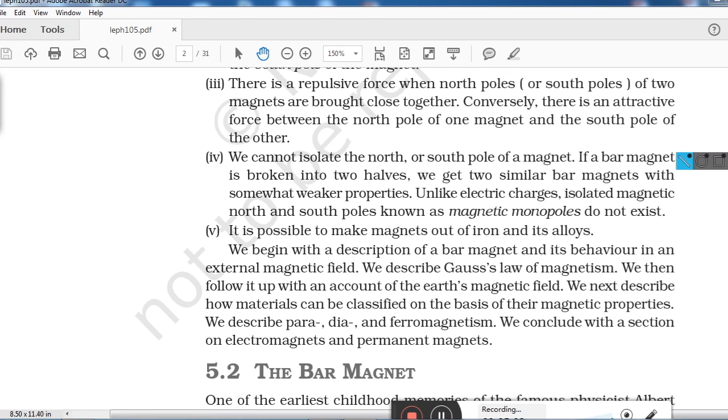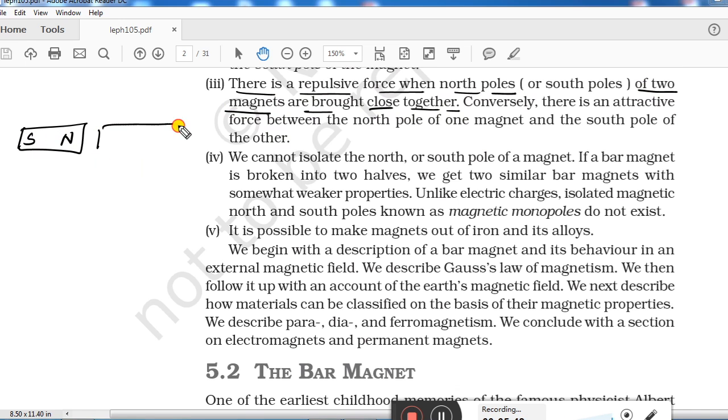Okay, after that let us move to the third point. What is the third point? There is a repulsive force when the north poles of two magnets are brought close together. This point is very easy, nothing special is there.